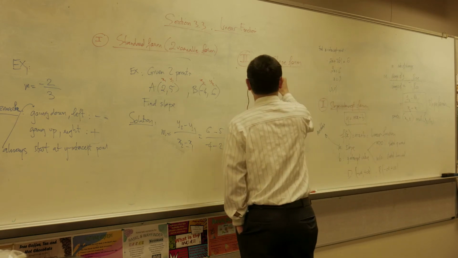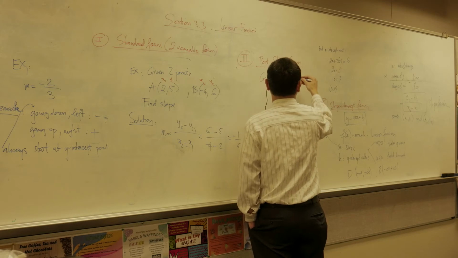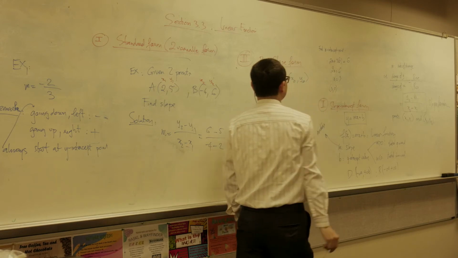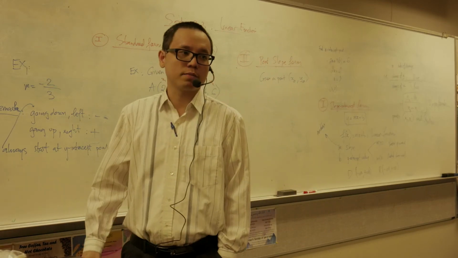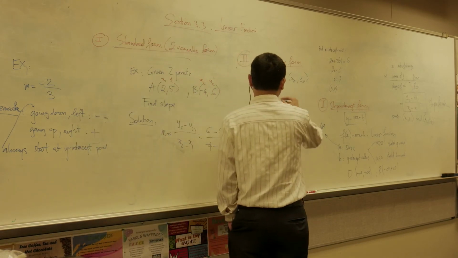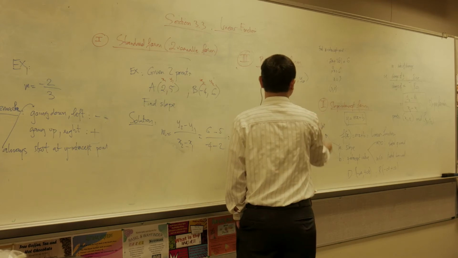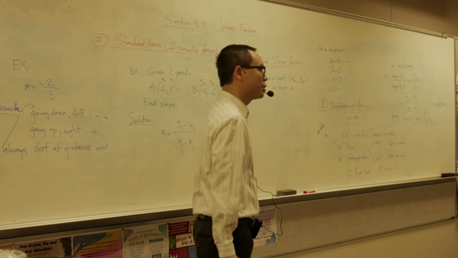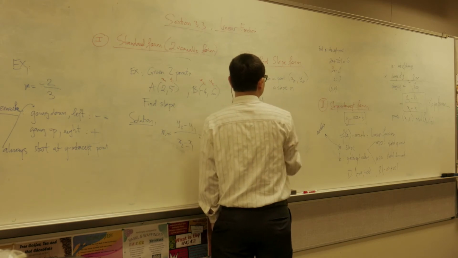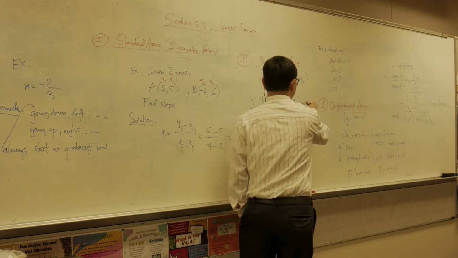Given a point, with coordinates x naught, y naught, x sub 0, y sub 0, and the slope m, then your equation will become y minus y0 equals m times x minus x0.